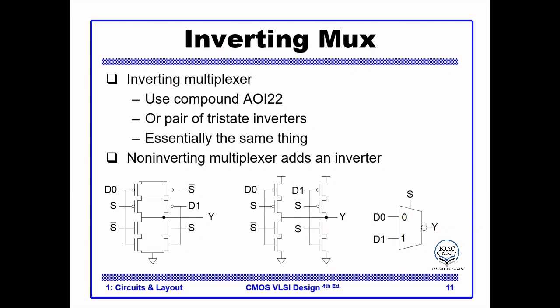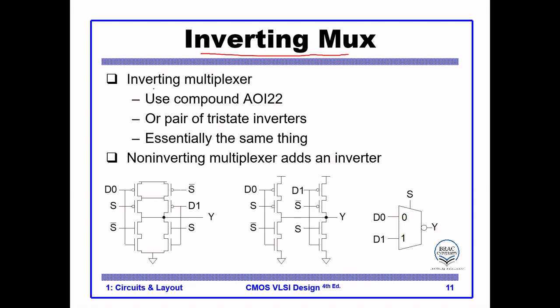So we saw how building using transmission gates could be advantageous in terms of the space required to build such a gate, but it was disadvantageous in terms of being non-restoring. We get around this issue by building an inverting mux. So what is an inverting mux?